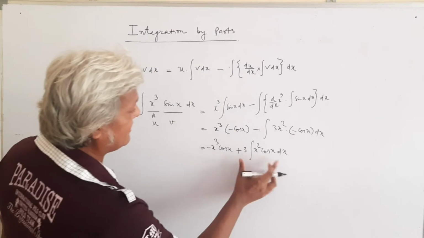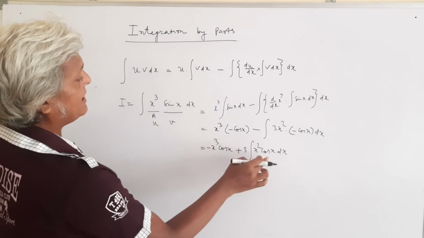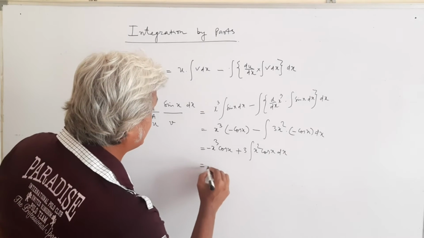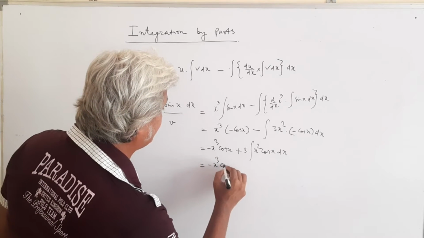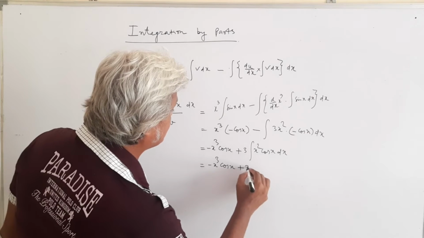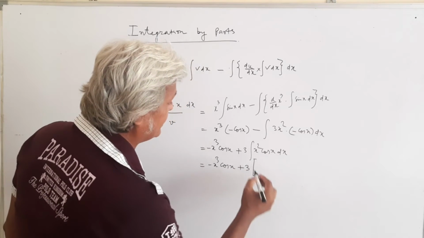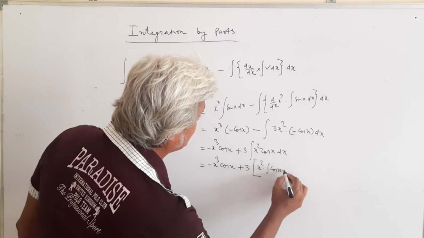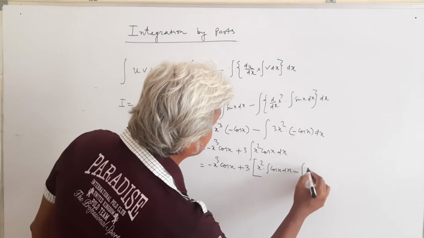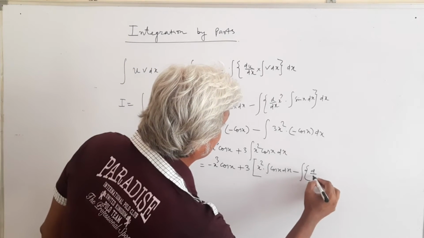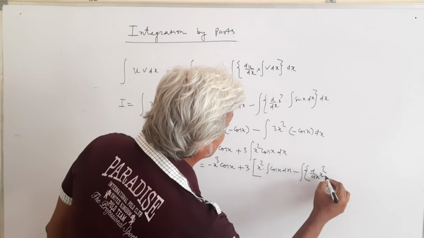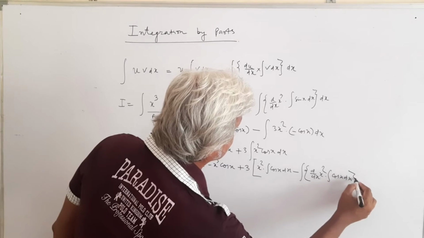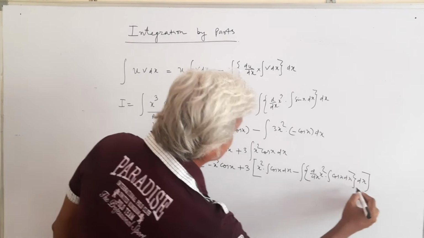So again I have to use integration by parts because x square is an algebraic function and cos x is a trigonometric function. So again it is minus x cube cos x plus 3, I put a box bracket here, keep x square unchanged, integration of cos x dx minus integration of d by dx of x square into integration of cos x dx, and then dx.